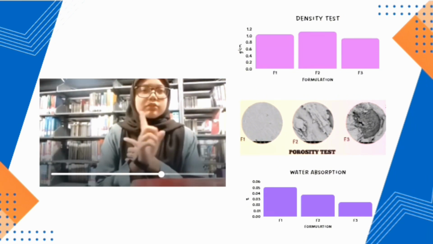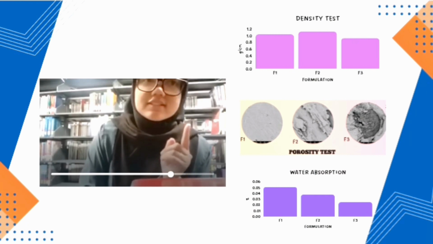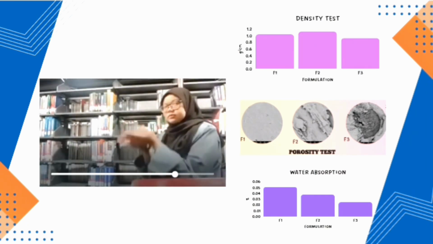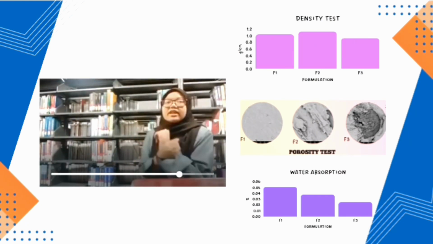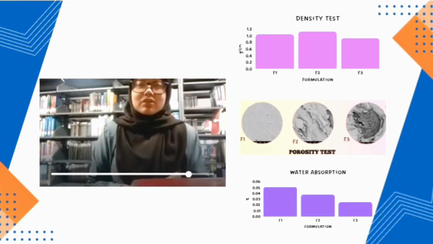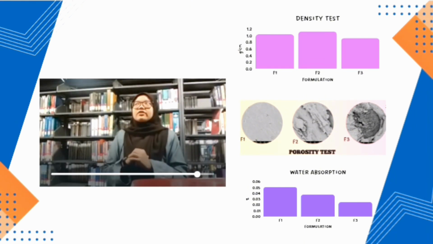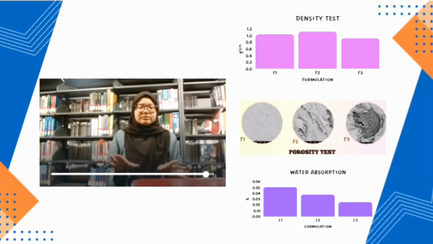So we do the porosity test. So we have the result of the test. As you can see, formulation 1 has fewer pores. That means formulation 1 is less fragile because it bonds to each other.